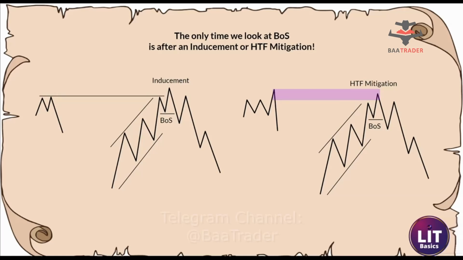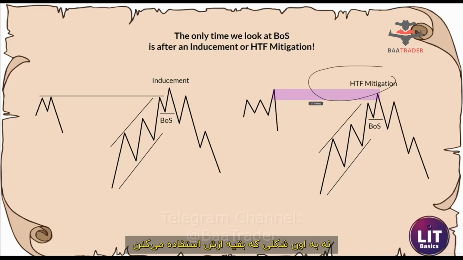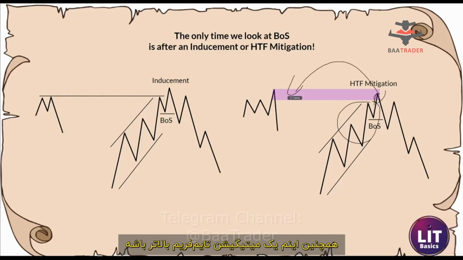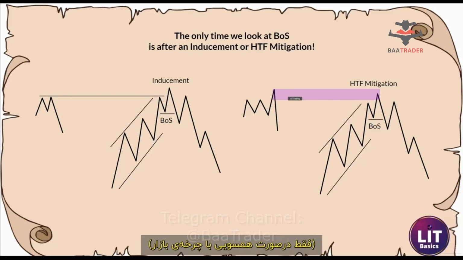Or, not as everyone else does it, but in very specific forms, where the daily cycle lines up and we have other confirmations, this is also a higher time frame confirmation, and then higher time frame mitigation. Then, if the market cycle aligns, we have a break of structure, same scenario. But that's it. That's literally the way we use a break of structure.